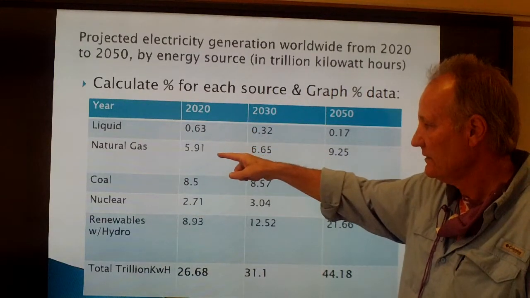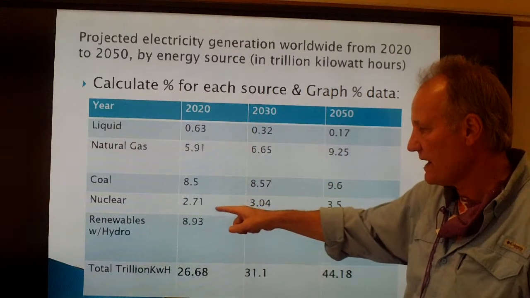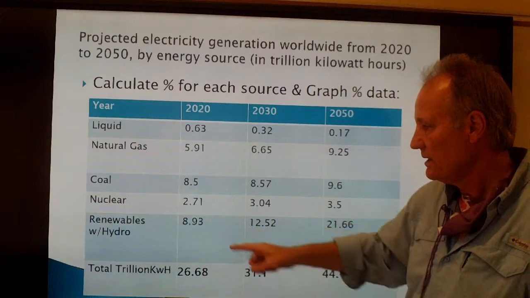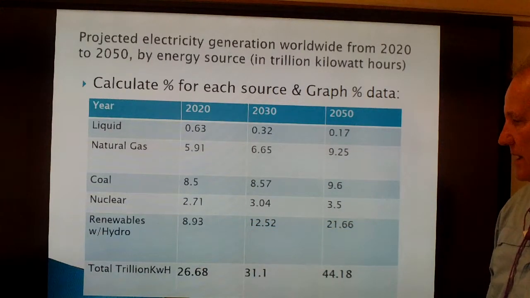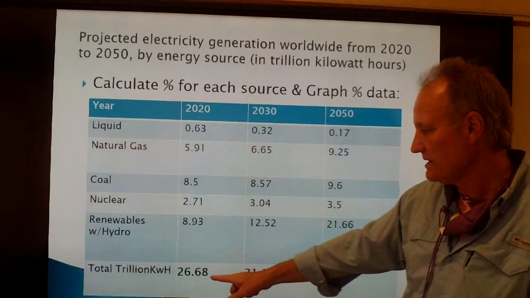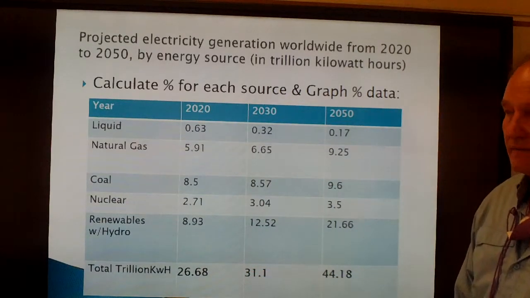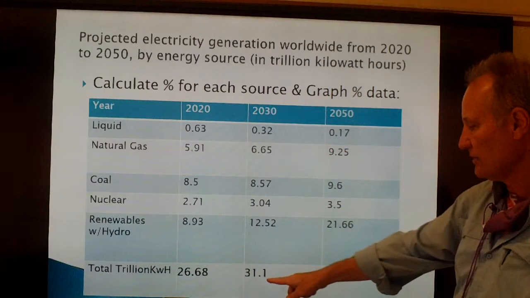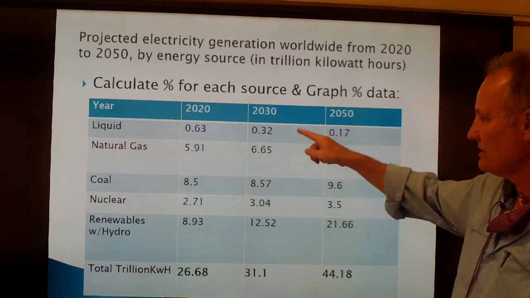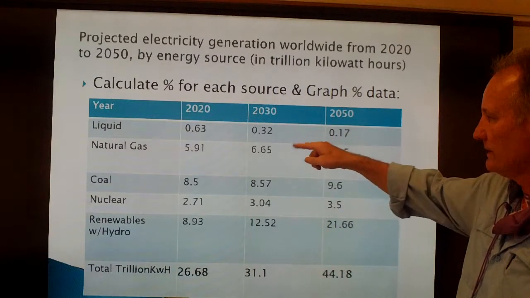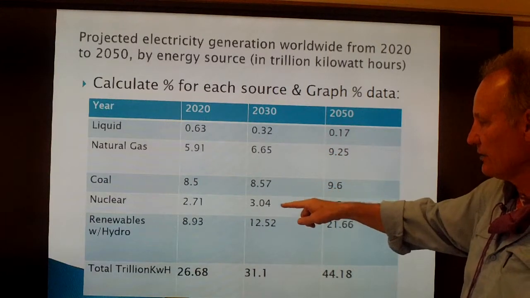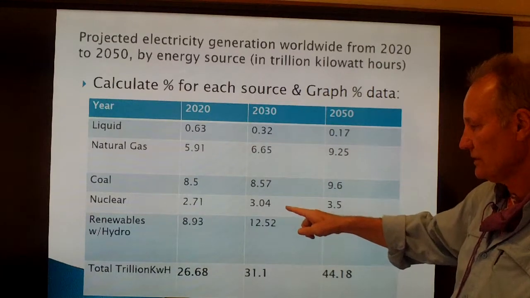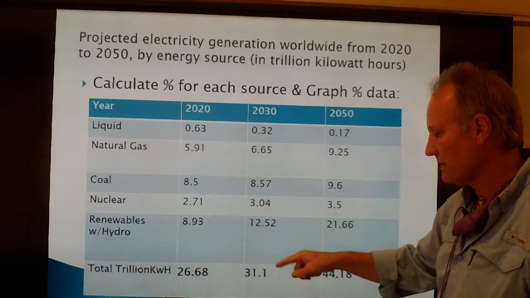Natural gas, 5.9, coal, 8.5, nuclear, 2.7, renewables and hydro are at 8.9, for a total of 26 trillion kilowatt hours. By 2030, that number's gone up to 31, but notice some of the shifts away from liquid gas, increase in natural gas, a slight increase in coal, nuclear is a slight increase, but renewables have gone up significantly.